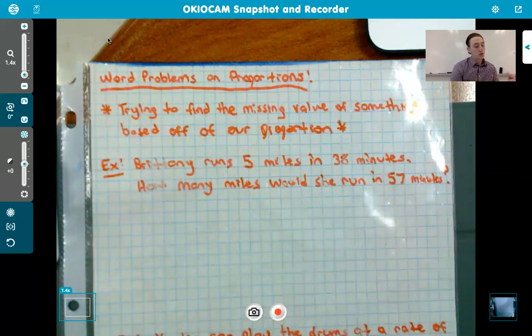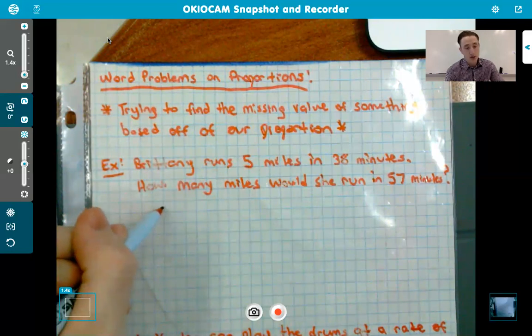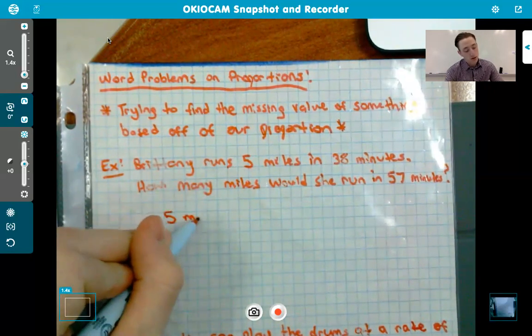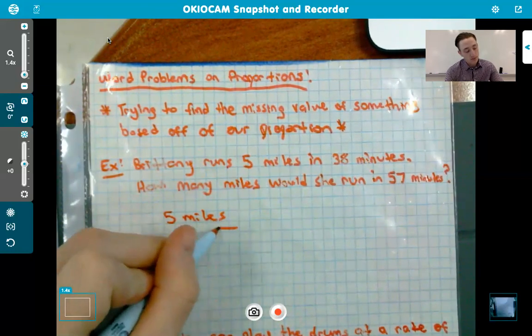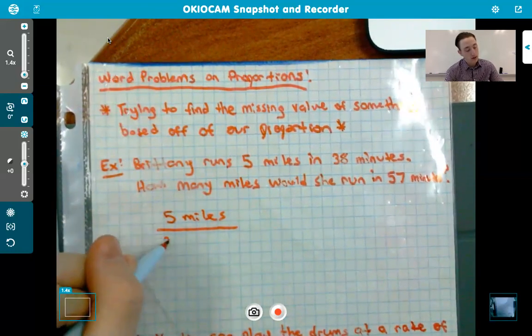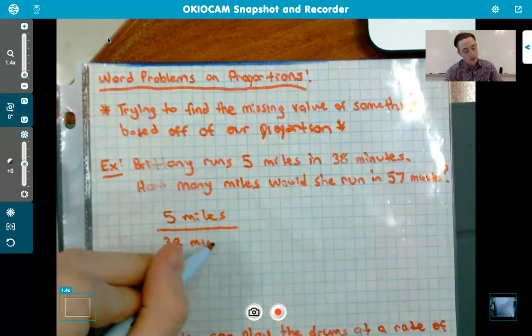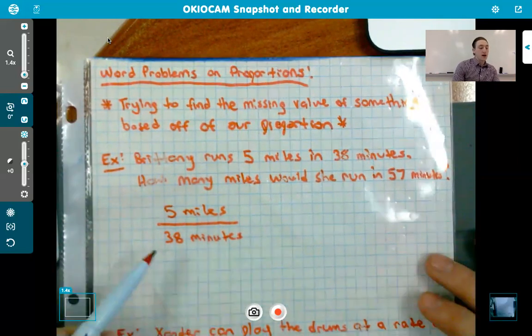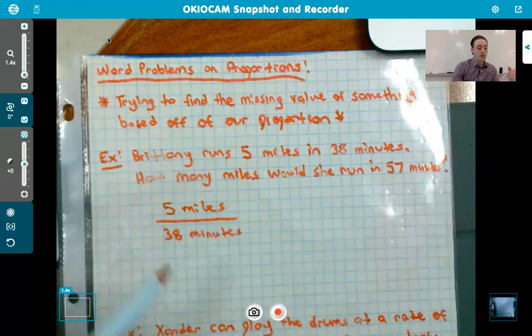Okay. So she runs 5 miles, and this is how we're going to set up our proportion. We'll take that first piece of information. She runs 5 miles in 38 minutes. Okay. 5 miles for every 38 minutes. That's something that you could think about as you set up your first fraction there.